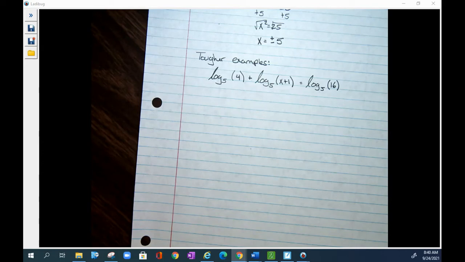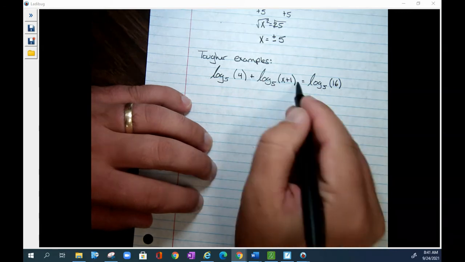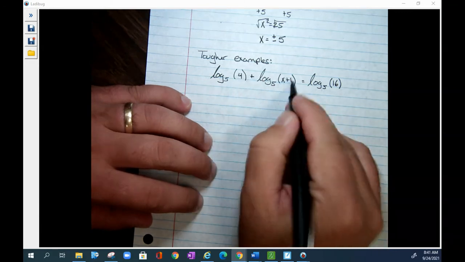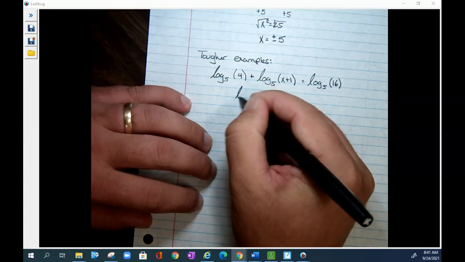So I know from yesterday that really what that is would be the same as log base 5 of those 2 insides being multiplied. So let's do that. Now you have to pay attention here because I've got 4 times a binomial, which means, and I'm going to write this out the long way here.